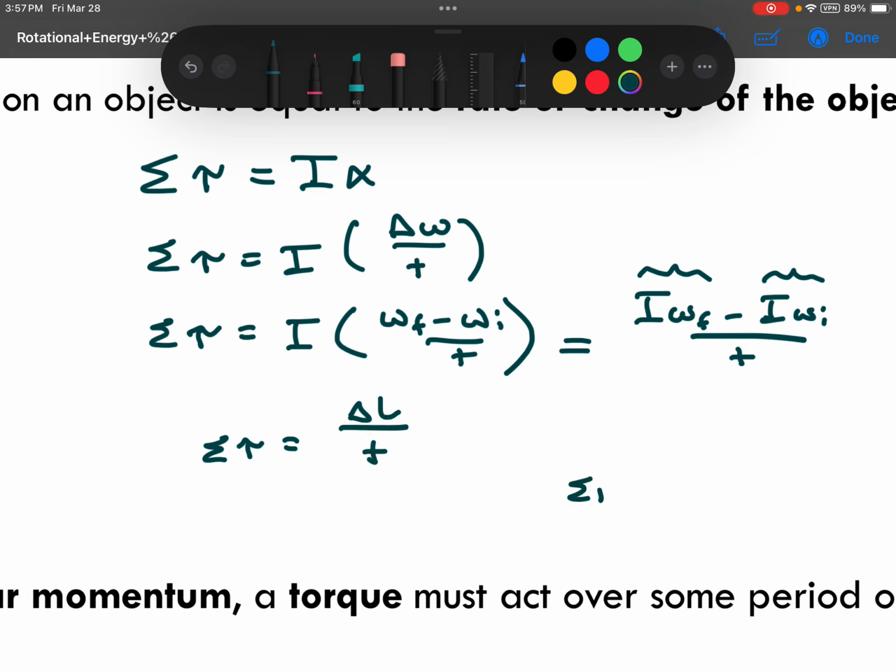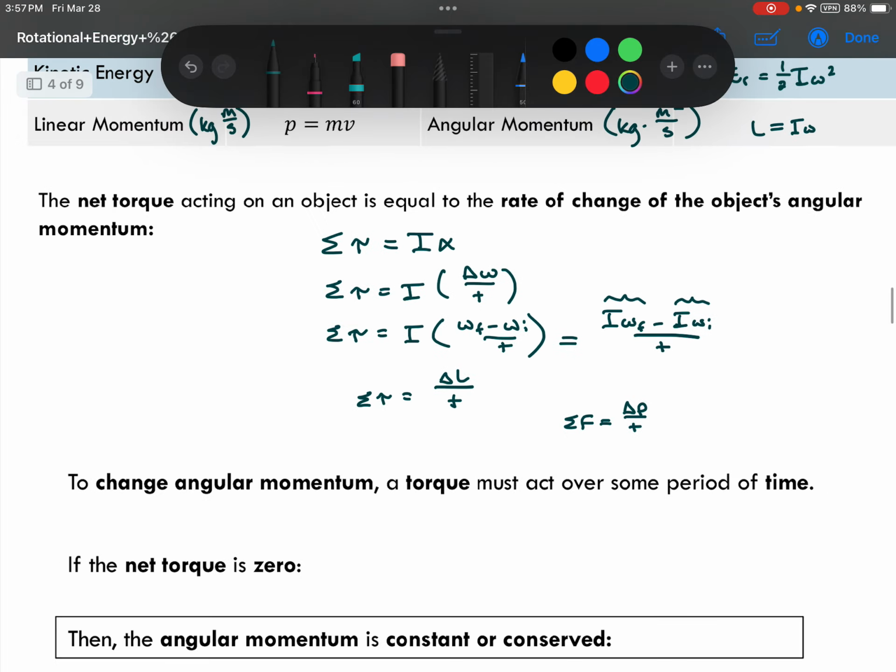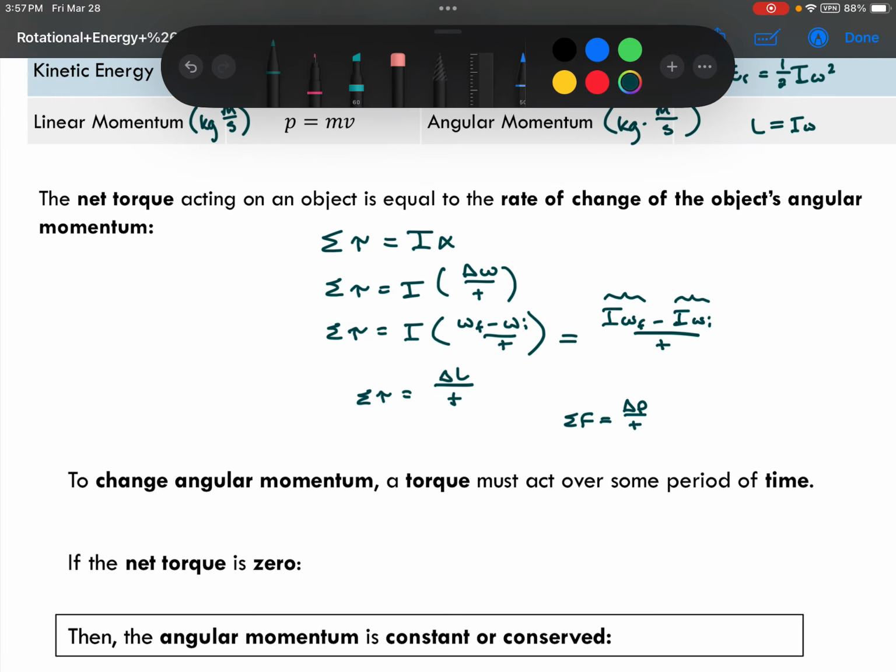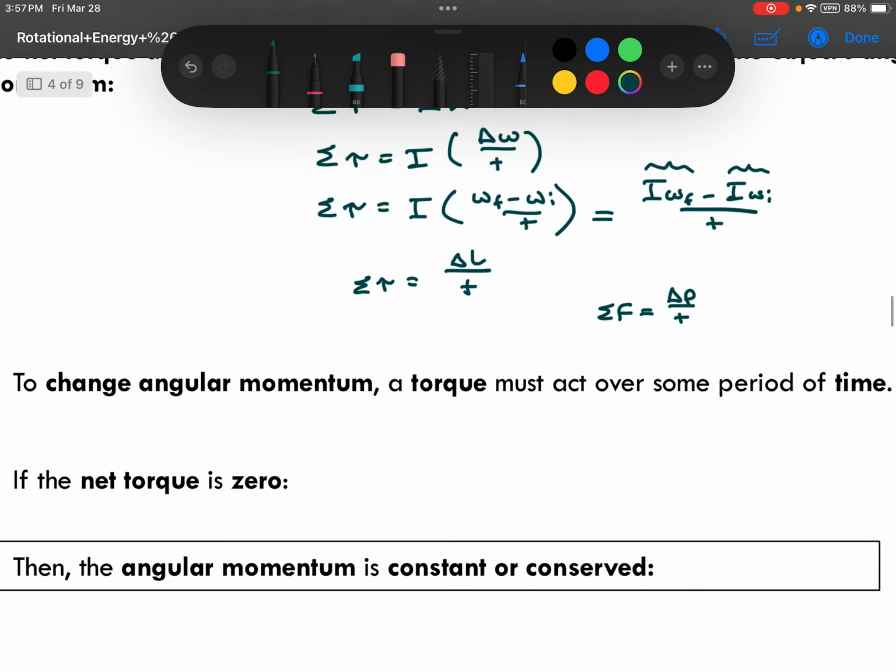And hopefully this looks familiar from our linear motion, where we found that the net force is equal to the change in momentum over time. So if we are changing the angular momentum, then we know there has to be a torque. A net torque is acting on our object over some amount of time from that equation.